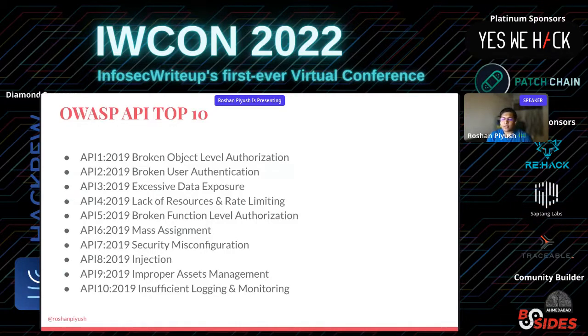Broken function level authorization is very interesting. I don't see many bugs being filed in these areas, but it actually exists everywhere. So if you want a bigger bounty, this is a great way to get good results, because this is a very less looked at area.